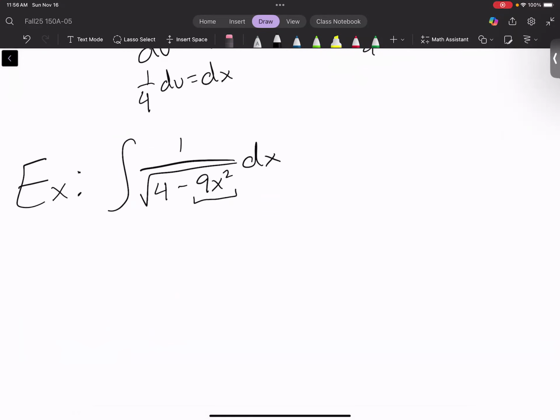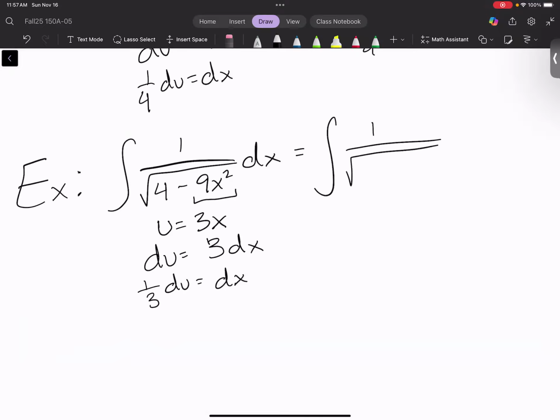So we're going to do the same thing we did last time. We're going to call u equals 3x, right? Because u squared will be 9x squared. So then du equals 3dx, and we divide by 3. That's dx. So this becomes the integral of 1 over square root of 4 minus u squared times a third du.